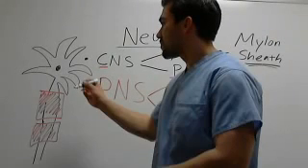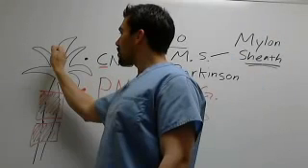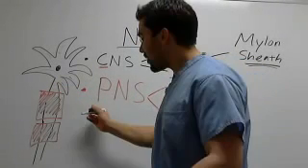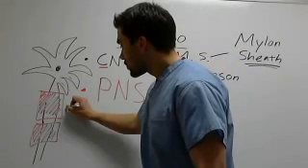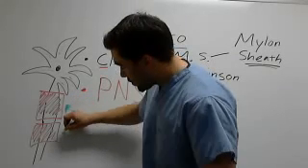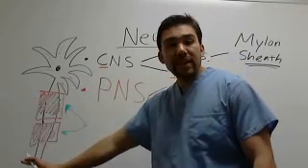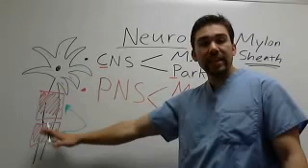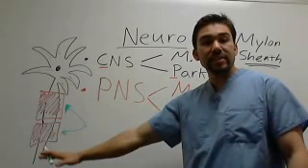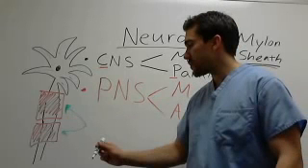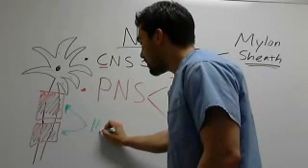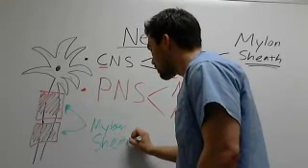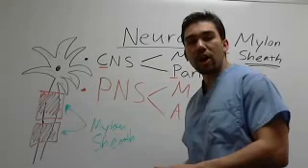Okay, there we go. Now it looks more like it. Okay, but right here and right here, your big long neuro cell is filled with myelin sheaths. These myelin sheaths are pretty much just like sheets.